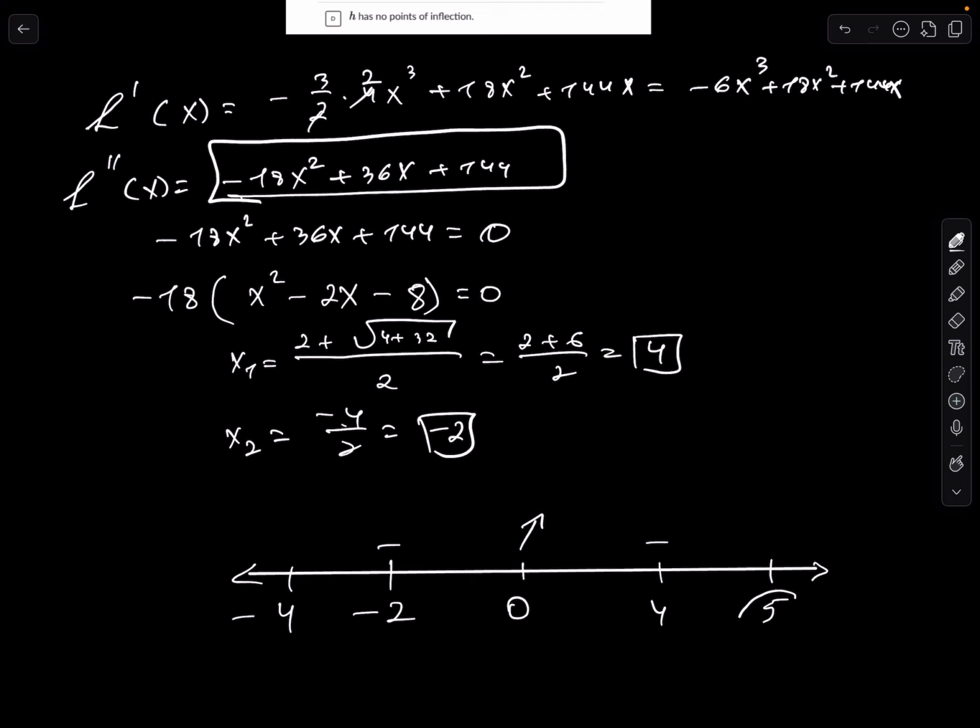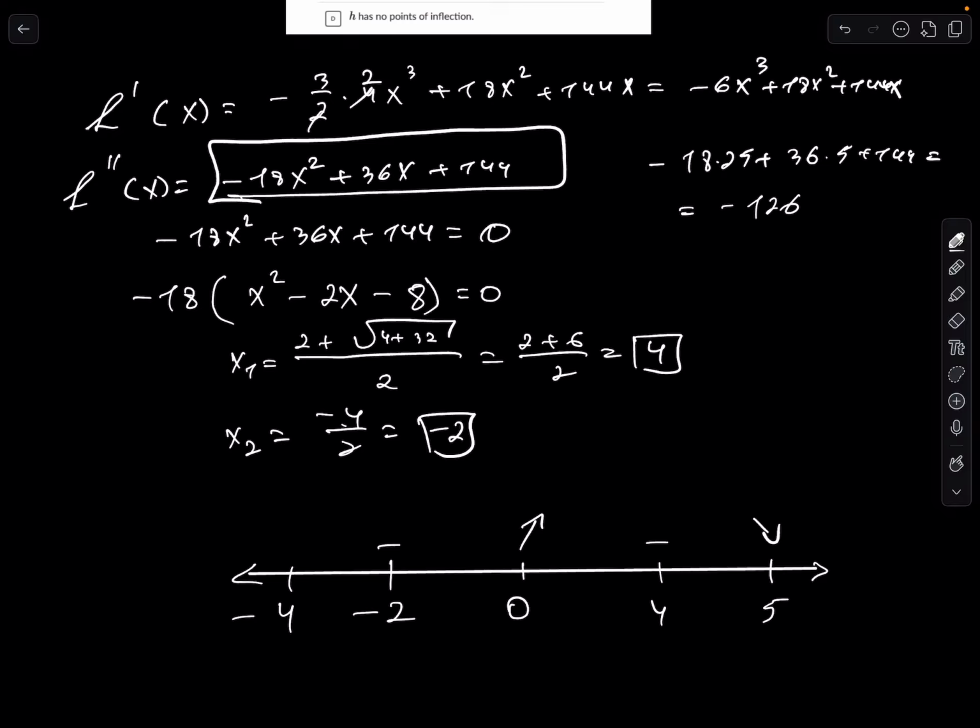If we plug in 5, we're going to get negative 18 times 25 plus 36 times 5 plus 144. What is it equal to? Let me quickly use decimals for this. Negative 18 times 25 plus 36 times 5 plus 144. It's equal to negative 126. Well, this is definitely concave down.